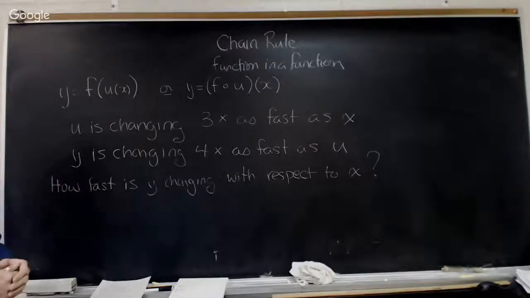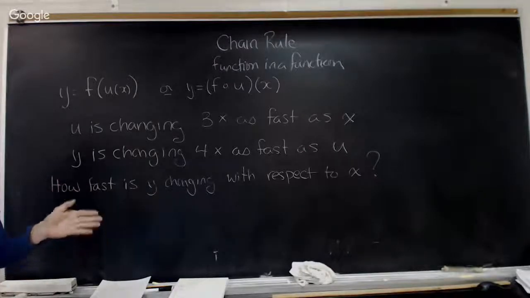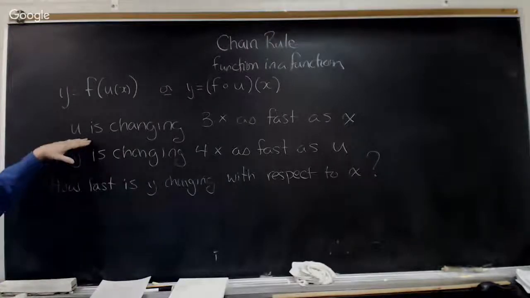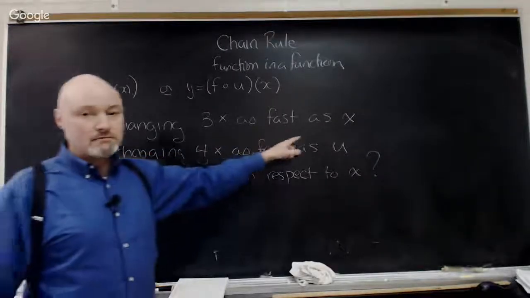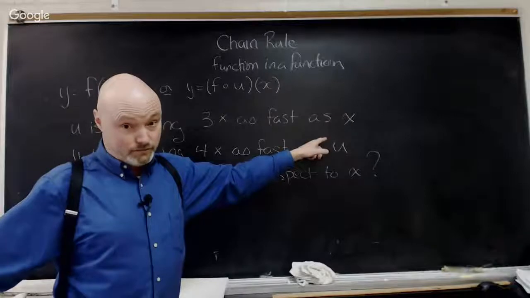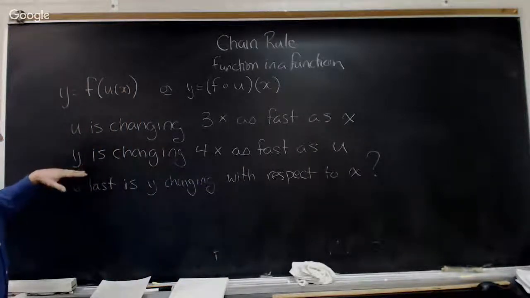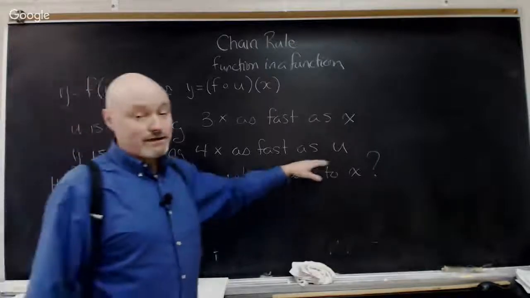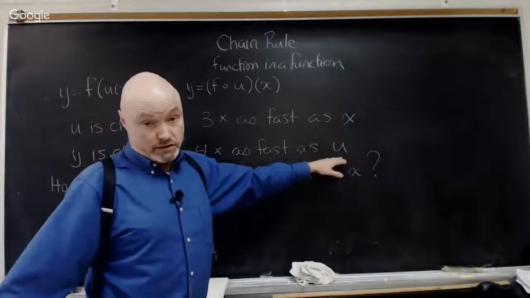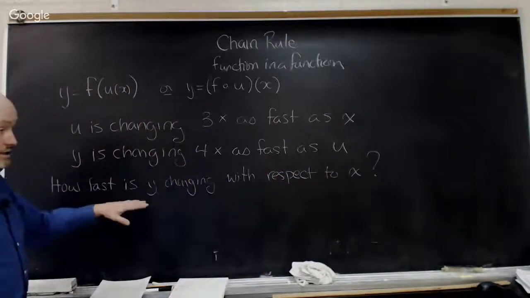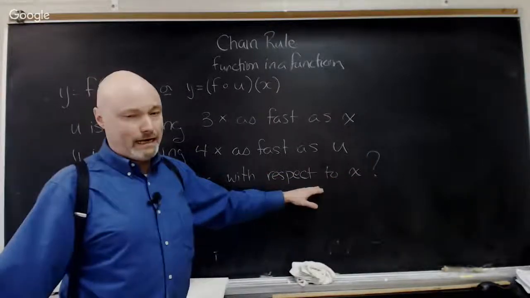So calculus is all about taking the derivative, and the derivative is all about rates of change. If our inside function is changing 3 times as fast as x is changing for a particular value of x, and y is changing 4 times as fast as the outside function is changing, how fast is y changing with respect to x?